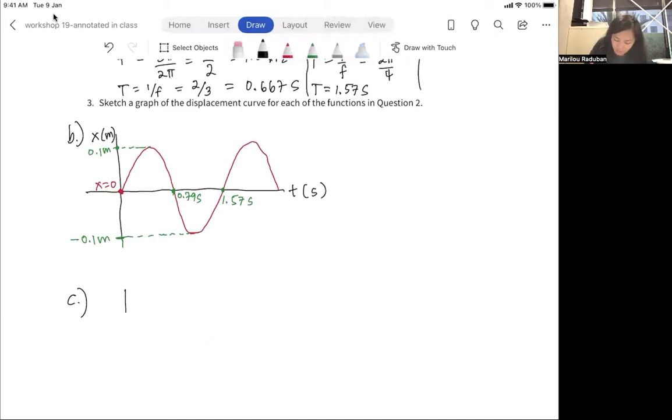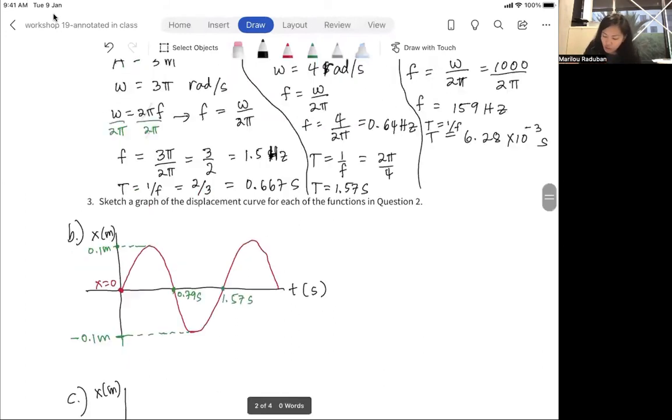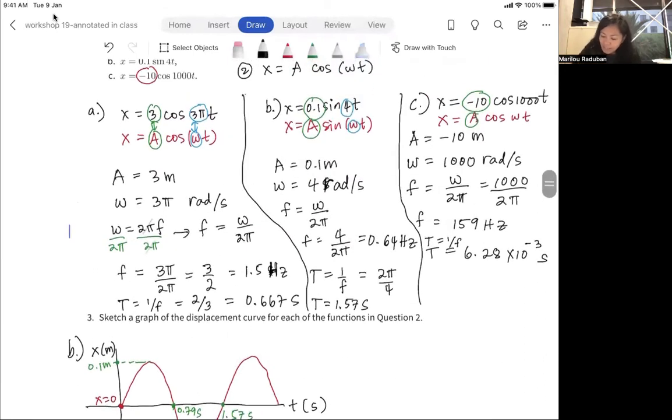So for graph C, which is described by a cosine function, the y-axis is also always the displacement in meters and the x-axis is time in seconds. So cosine function, but it's -10 cosine 1000 t, and the amplitude is -10.